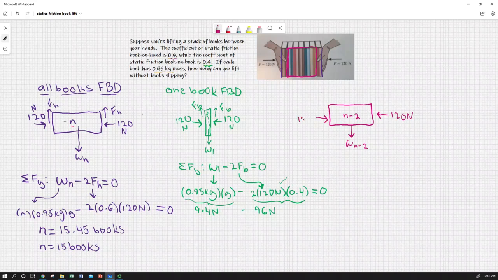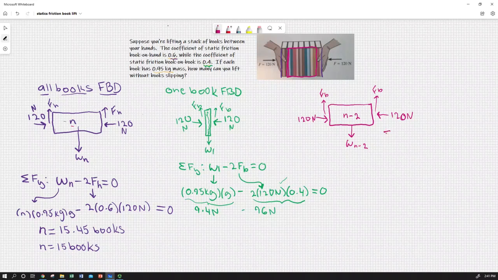It's still symmetric, which means the normal force for the frictional calculation on both ends, book-on-book friction, F sub B, is going to be based on our smaller coefficient of static friction, mu sub s of 0.4.